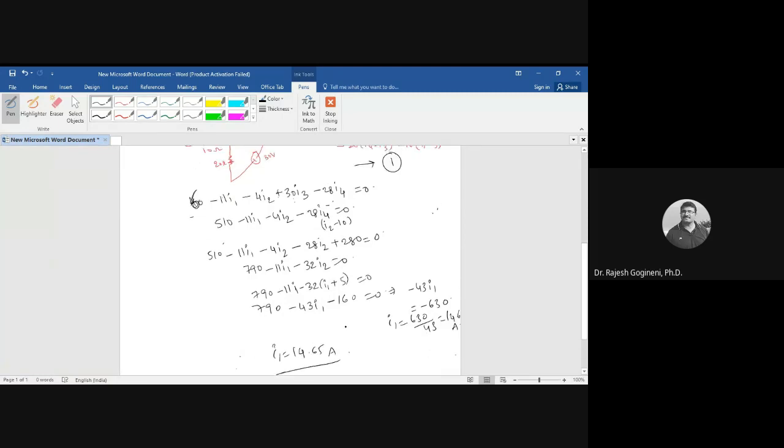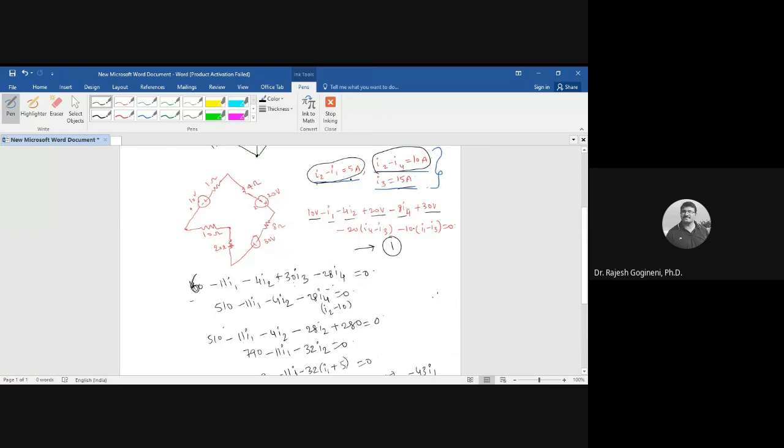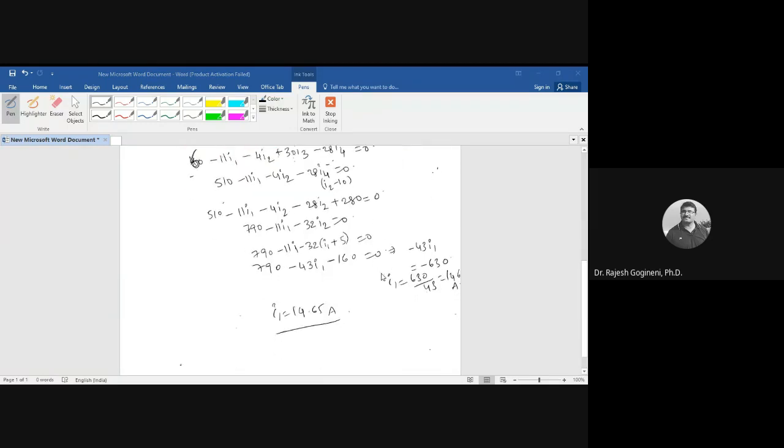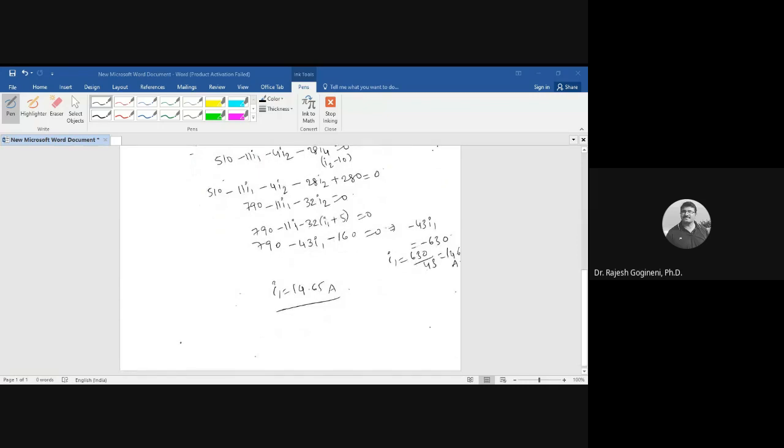From this you can find the remaining values. We have the relations already; I3 we got as 15 amperes. So you can find out the remaining values, right? Is it clear?